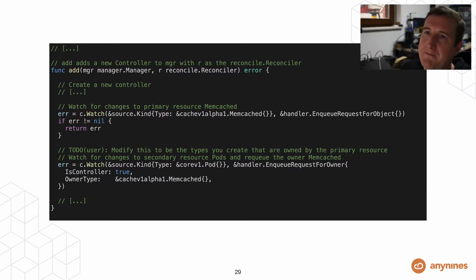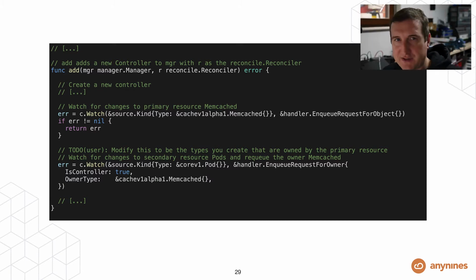So a controller will be watching a primary resource, in this case, for example, your Postgres objects, and it will then subsequently translate it into so-called secondary resources. In this very simple memcached example, the primary resource would be a memcached object, and the secondary object would be a pod.